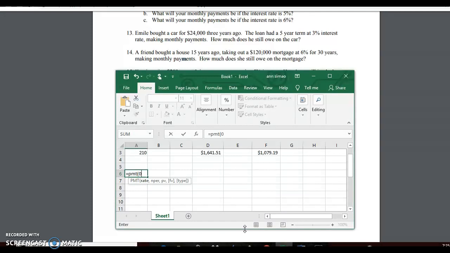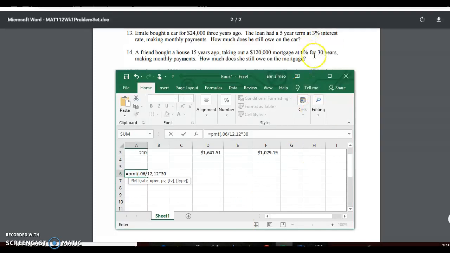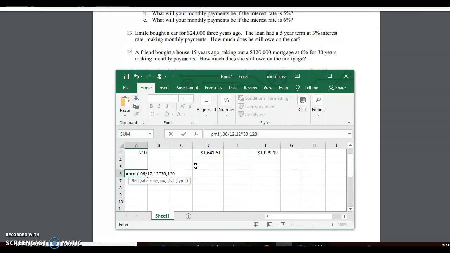The rate is 0.06 divided by 12. Number of payments is 12 times 30 because it was a 30-year mortgage. The present value is $120,000. So the payment was $719.46 each month.